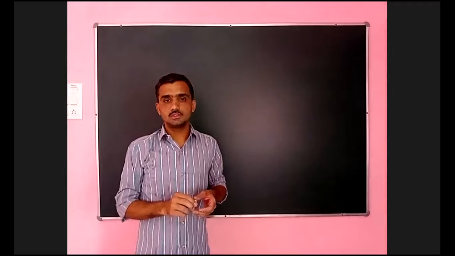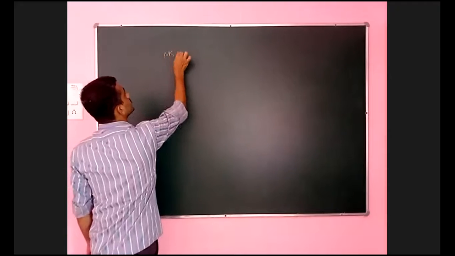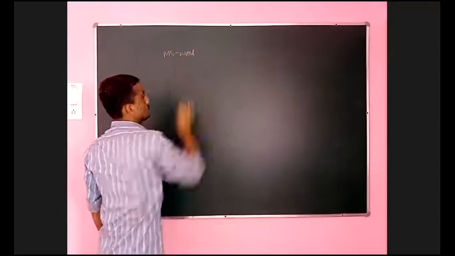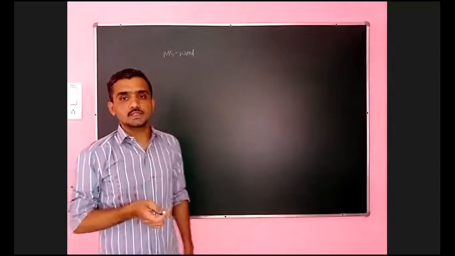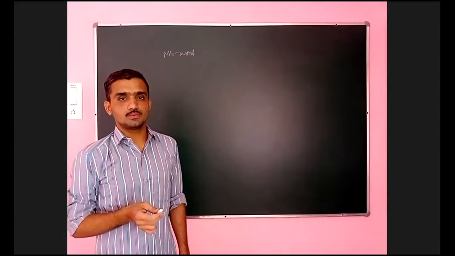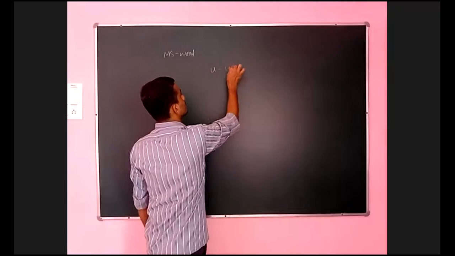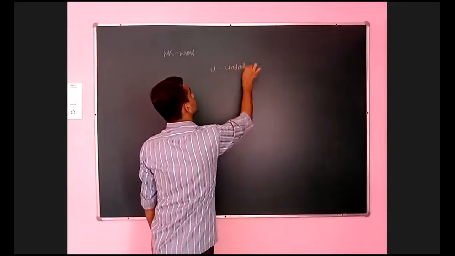Okay, so let's look at some of the tags here. Consider MS Word software, where when you type text we have some formatting options. U indicates underline, if you want to underline the text.